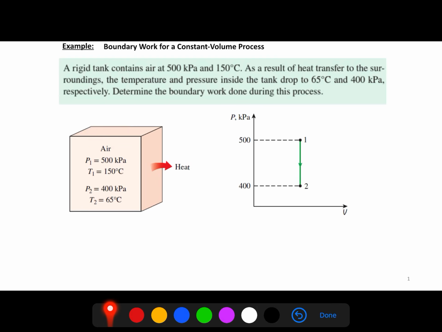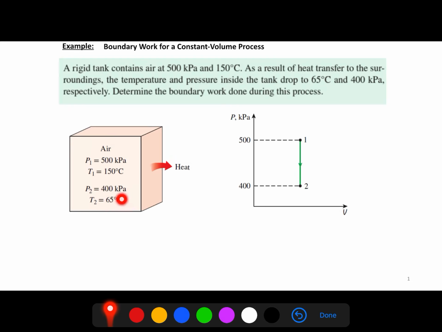So this system is releasing heat to the surroundings. After some time, the pressure drops from 500 to 400 kPa, and the temperature, initially 150, now becomes 65.